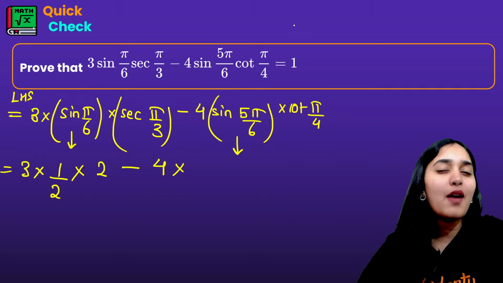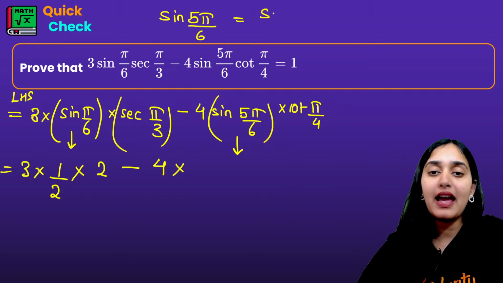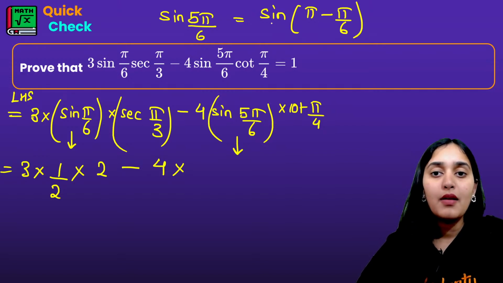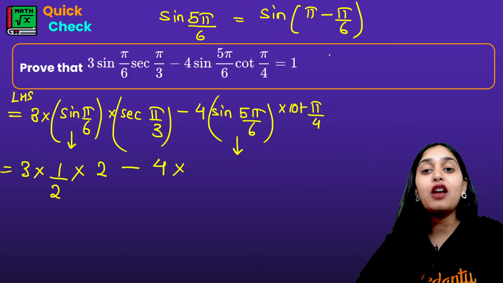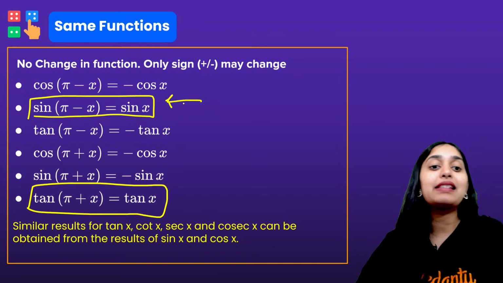5 pi by 6 is how much? We don't know. So basically sine 5 pi by 6 can be written as sine pi minus pi by 6. Pi minus pi by 6 will be 5 pi by 6, right? Now just now we have seen that sine pi minus x is how much?